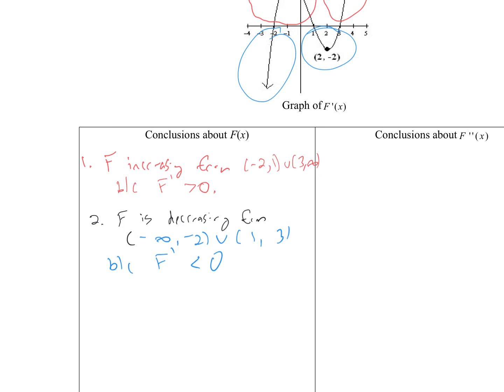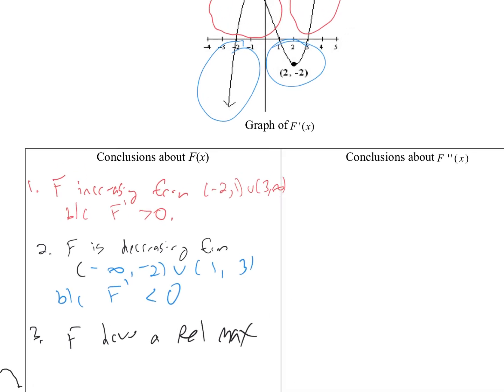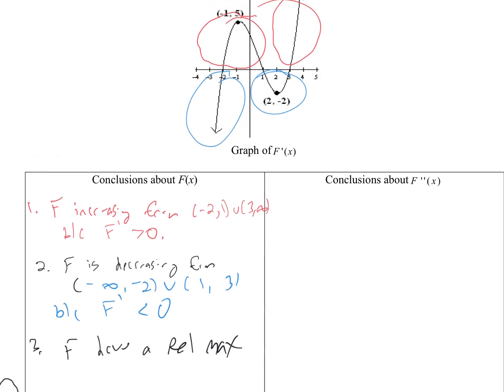So the third thing, let's see, does f have a relative max somewhere? Where would a relative max occur? That would be where the derivative changes from positive to negative, left to right. It does not happen here.